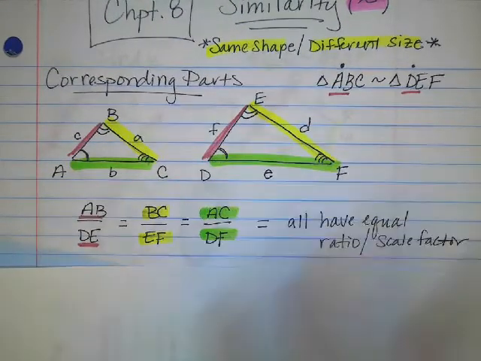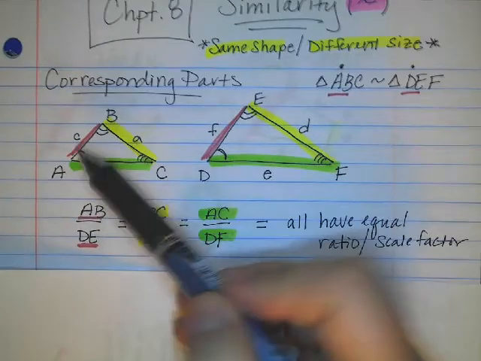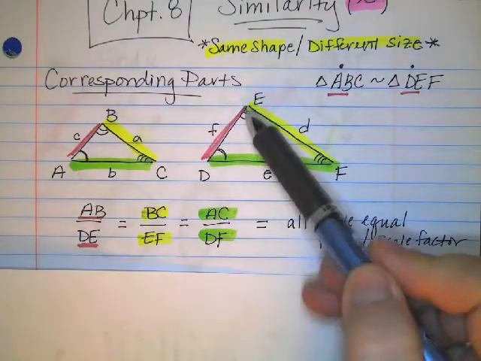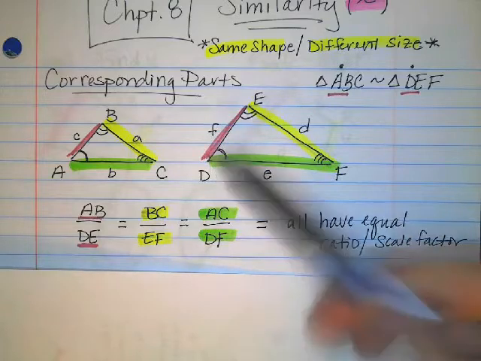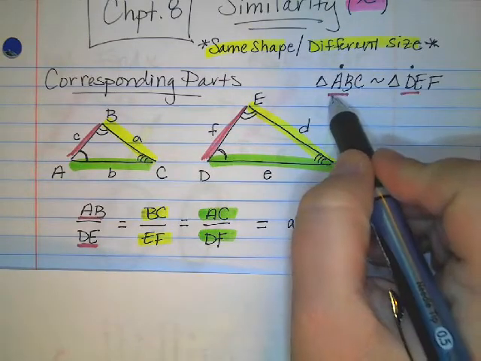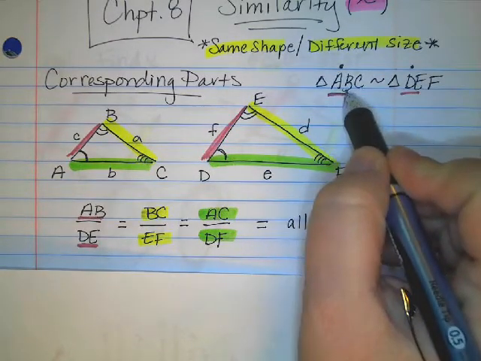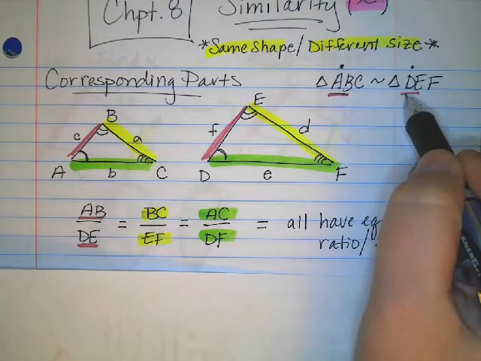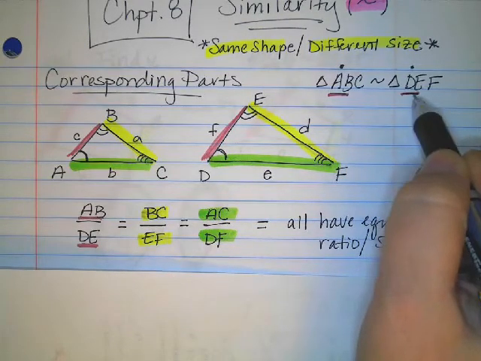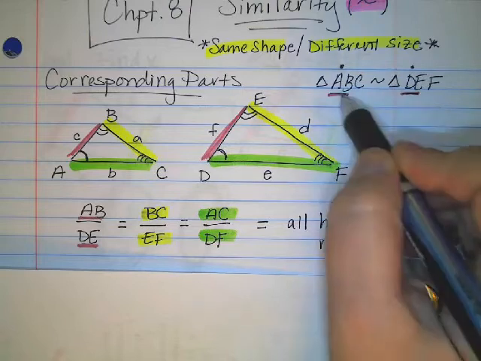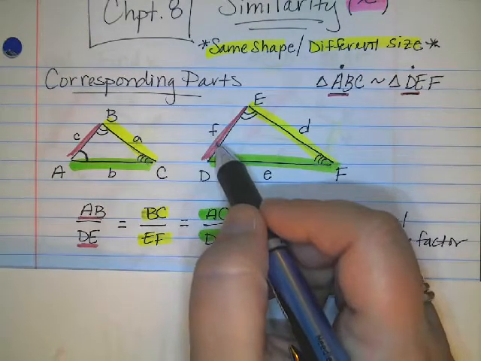And what's important to see is, for instance, here, notice I put AB and DE in these pink colors, and I found it from here. AB are the first two letters, and they match with DE, the first two letters in this triangle. Those are really important to see and understand.